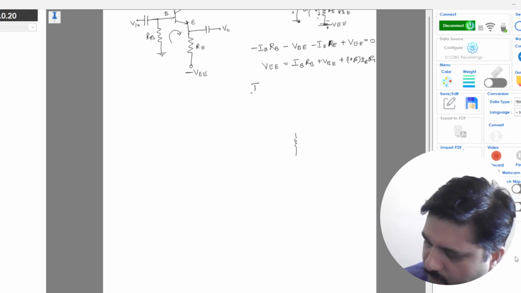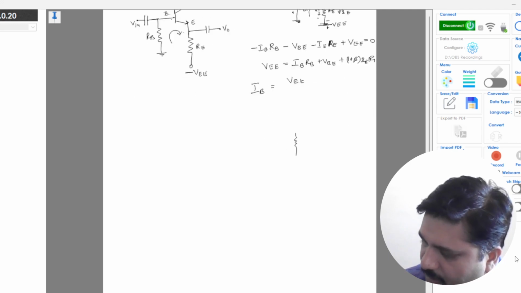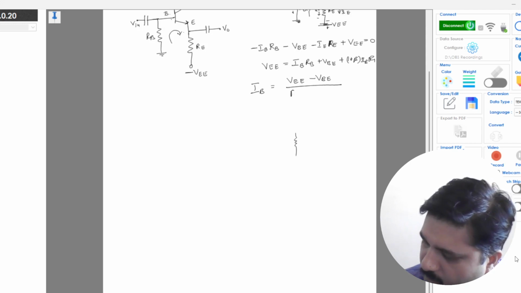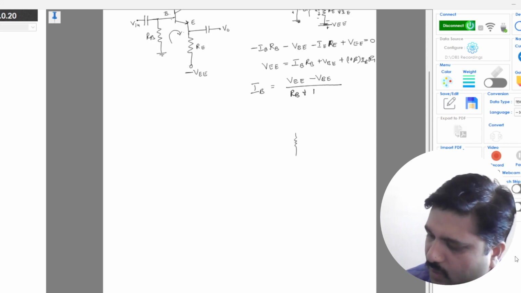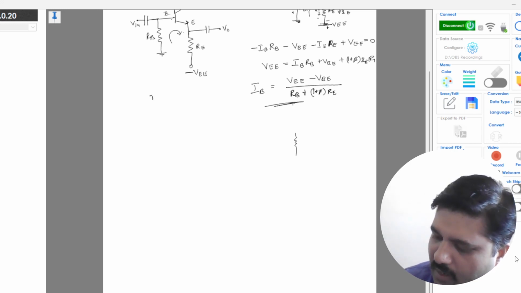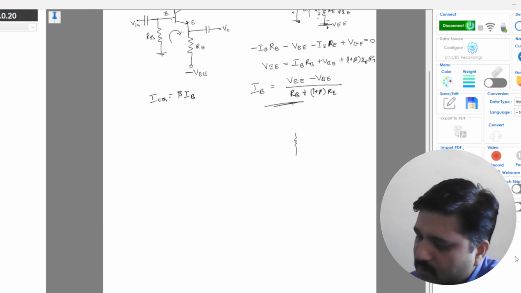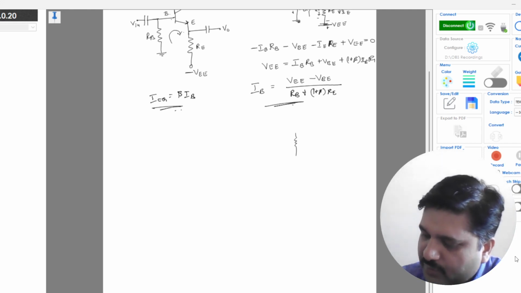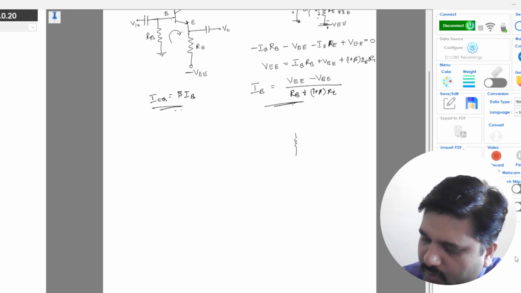On solving for IB, you will get the expression as VEE minus VBE divided by RB plus 1 plus beta times RE. So this is how you calculate IB, and ICQ you can calculate as beta times IB, right? So this is ICQ, and to calculate VCEQ you apply KVL to the output loop.